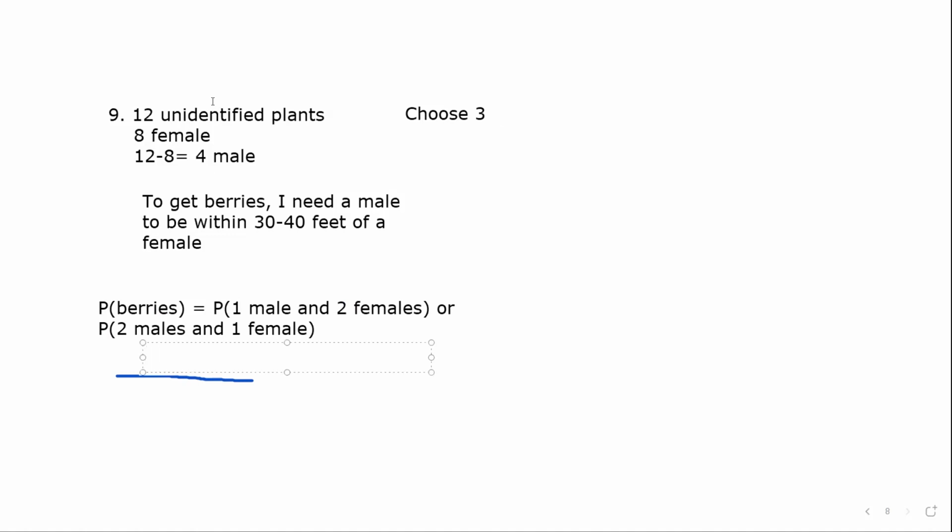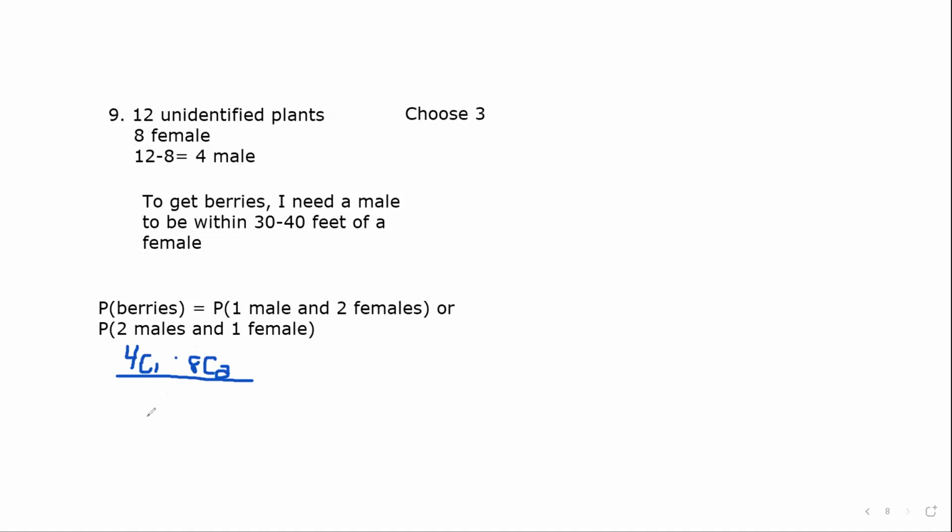So we have 4 choose 1, that's our male. Our other 2 plants would be 8 choose 2. Yeah, 8 choose 2. Okay, that's the first part, my 1 male and 2 females.